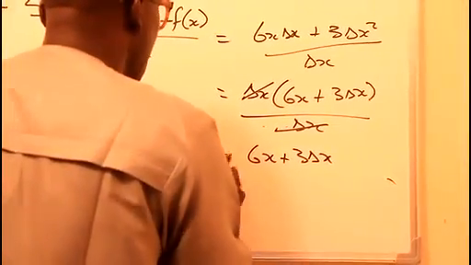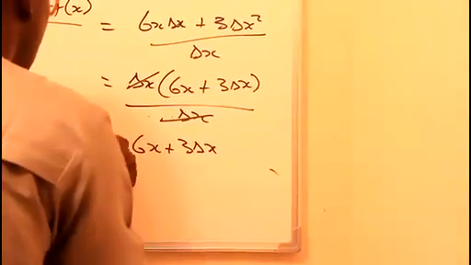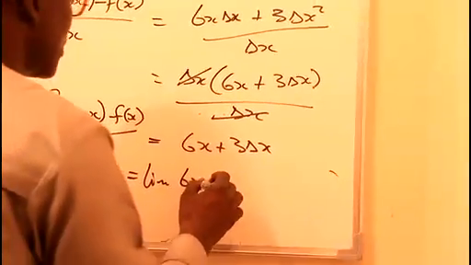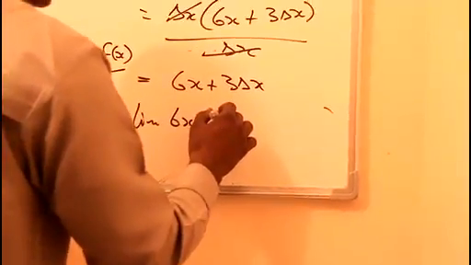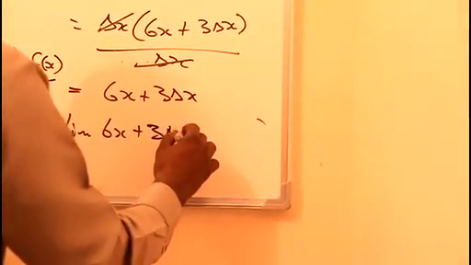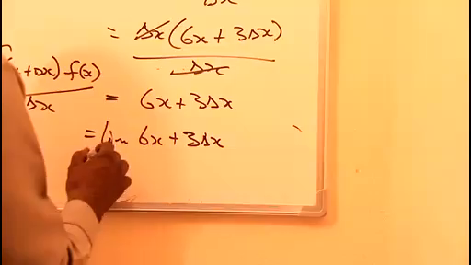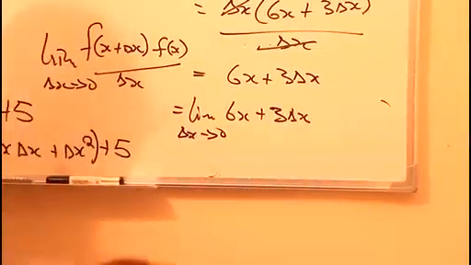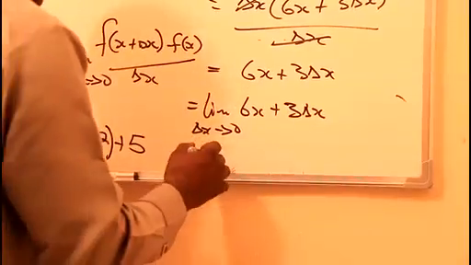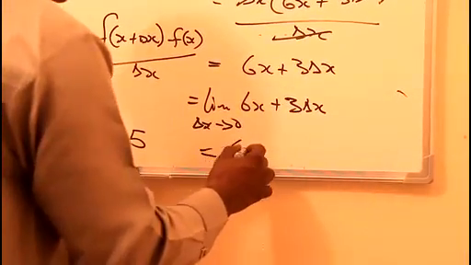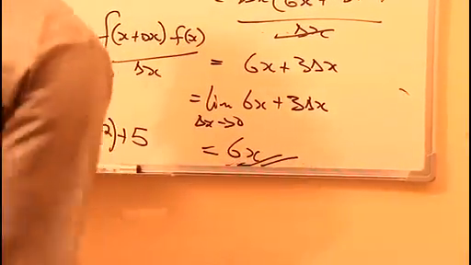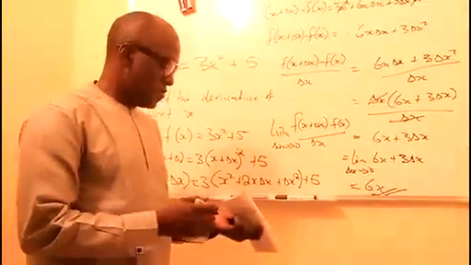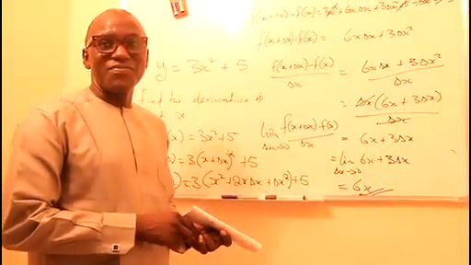It implies that it will be equal to the limit of 6x plus 3 change in x as change in x tends to 0. Now when it's tending to 0, our result will end up being 6x. That is our solution for this. It's not very hard. Thank you.